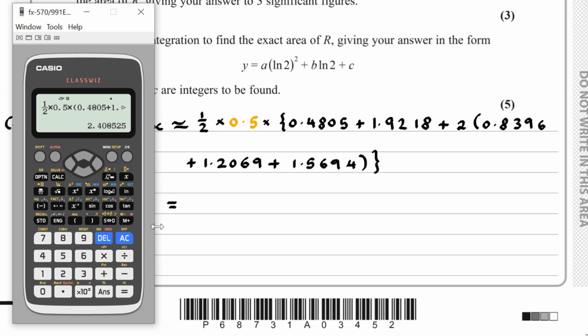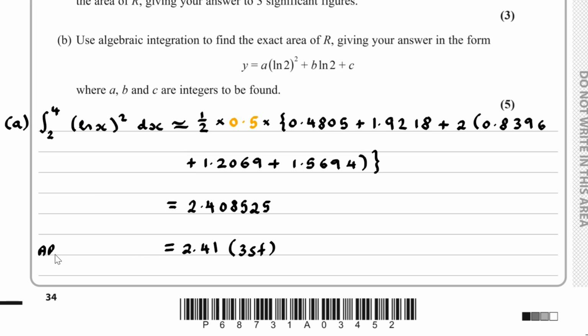It turns out we get 2.408525 or 2.41 given to three significant figures. So therefore the area of R is equal to 2.41 to three significant figures. Of course, here we have units squared.